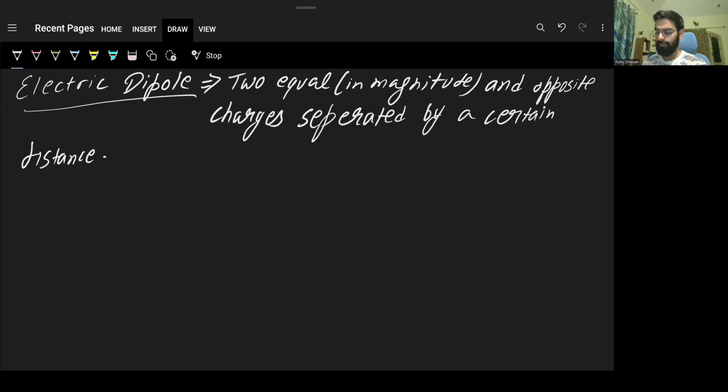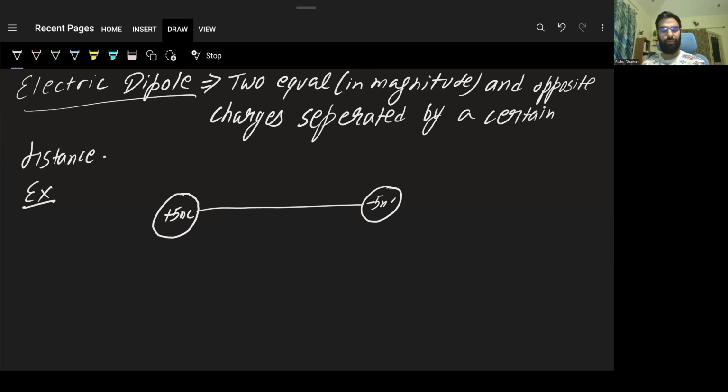So, for example, this is plus 5 nanocoulomb. This is minus 5 nanocoulomb. So both these charges are separated by a distance. So the separation between them is called 2L. For now, for this case, we will call it 2L, right?